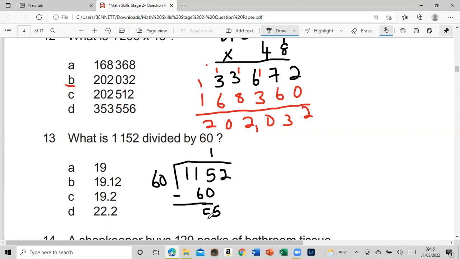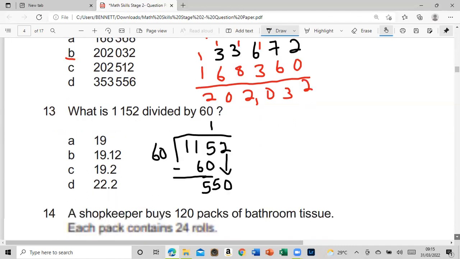Alright. Carry on with 2. Alright, and that would give us 9 times. And then now we multiply, so the decimal point is going to go right here. Right? So 6 times 9, that's 54.